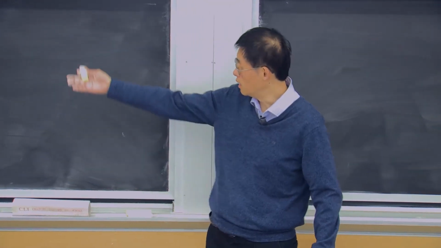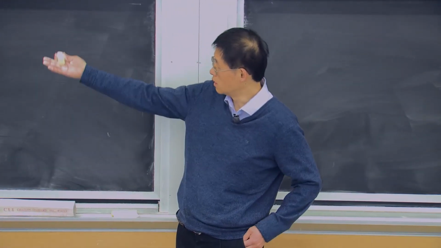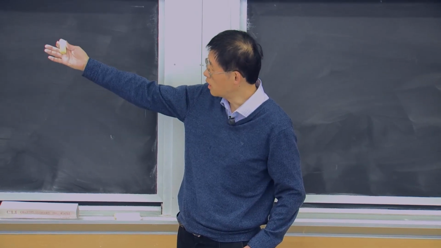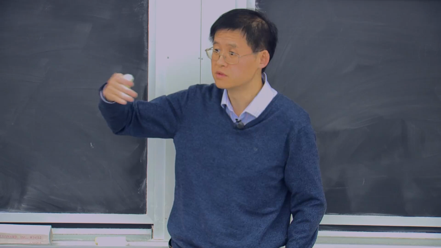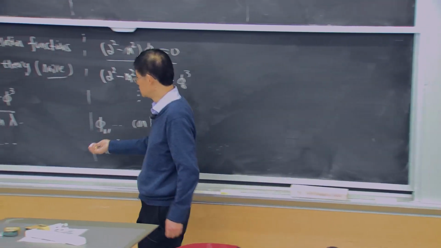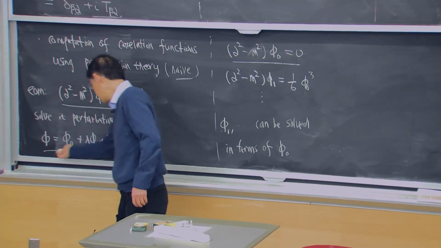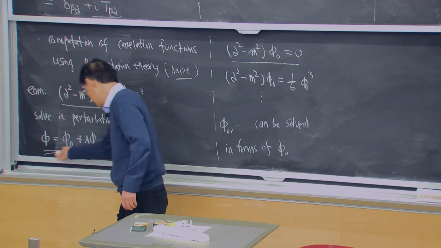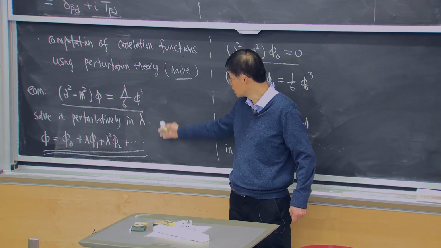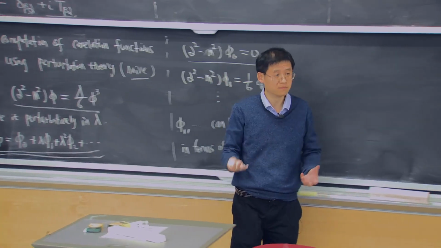Classically, this gives you a solution, and as we said, quantum mechanically, we just treat all this as operator equations, and then essentially you can solve for φ perturbatively as a quantum operator equation.